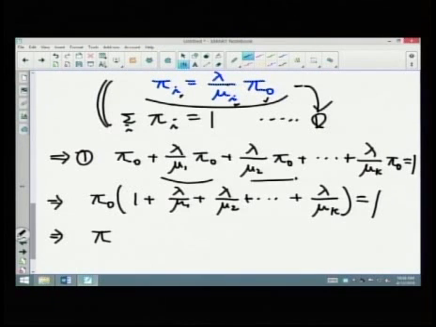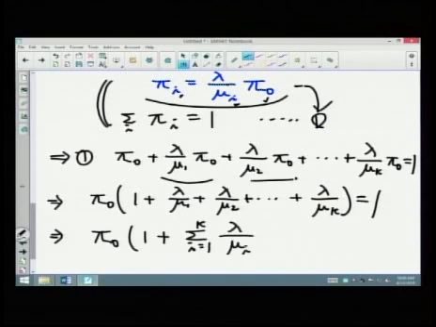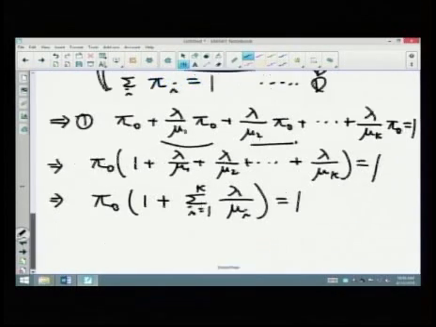This is the same as using summation. You can say sum over I equals 1 to k of lambda over mu I. So what is pi 0?